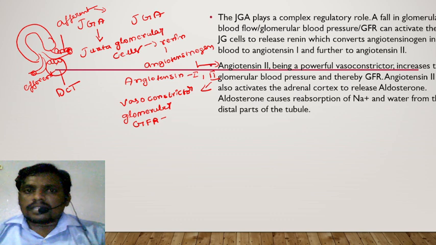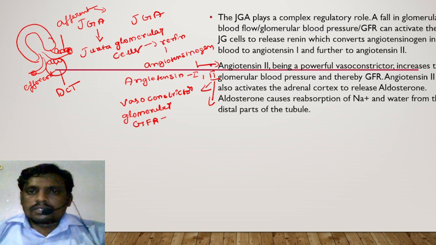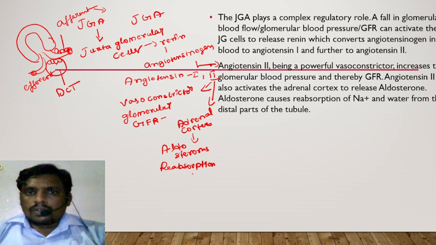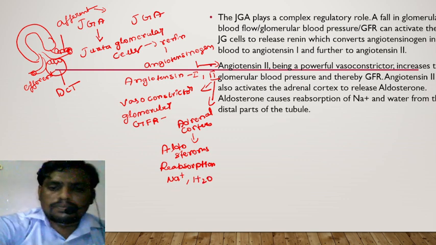Angiotensin 2 activates the adrenal cortex. Angiotensin 2 also stimulates the adrenal gland cortex. If it is stimulated, the adrenal gland cortex releases a hormone called aldosterone. This aldosterone now causes reabsorption of sodium and water from the distal parts of the tube.